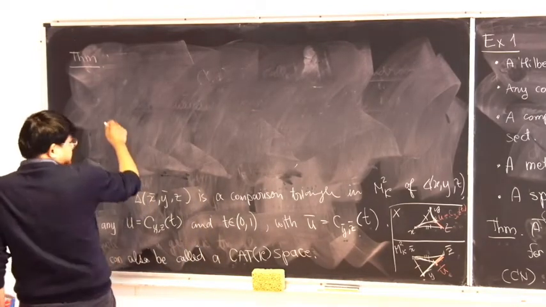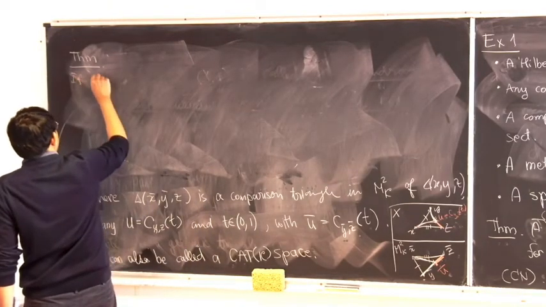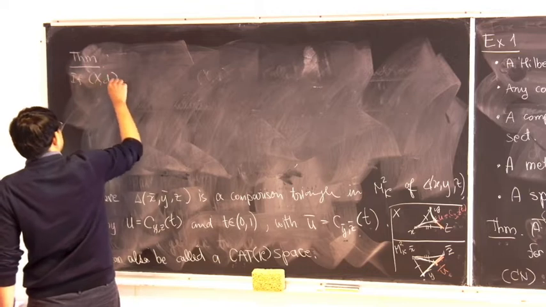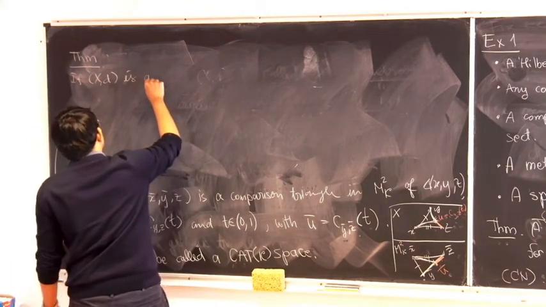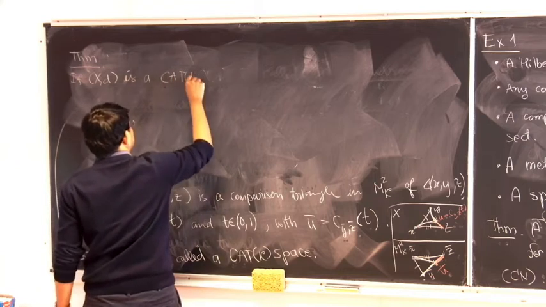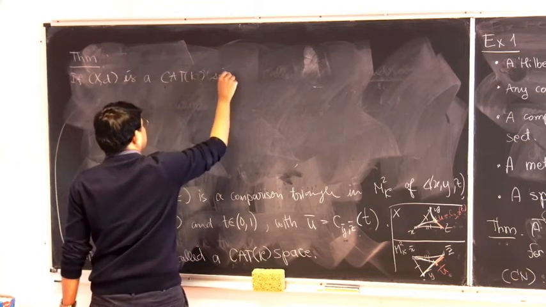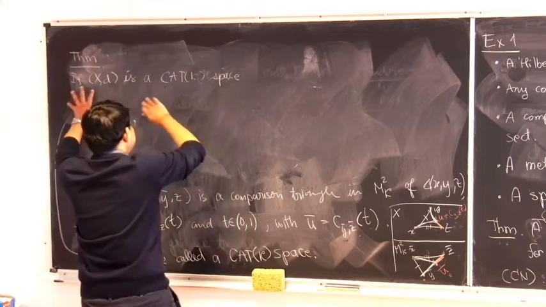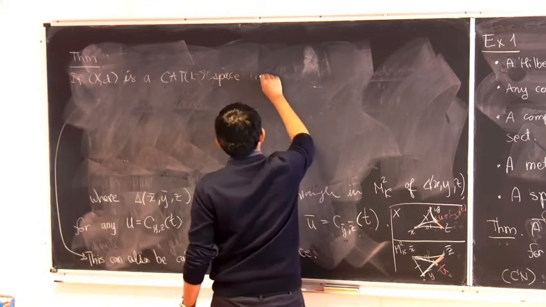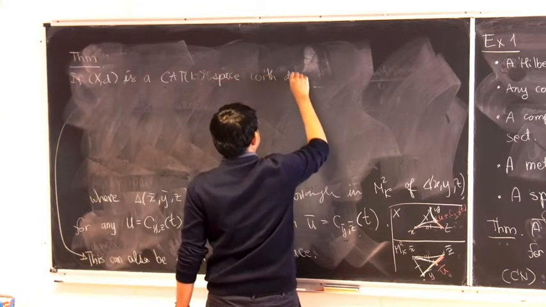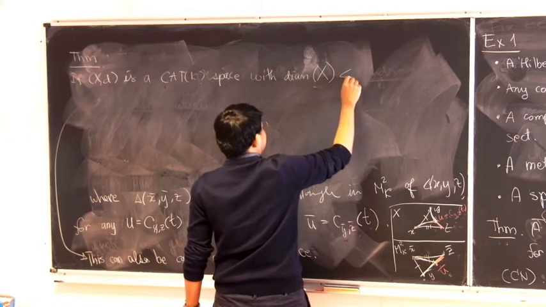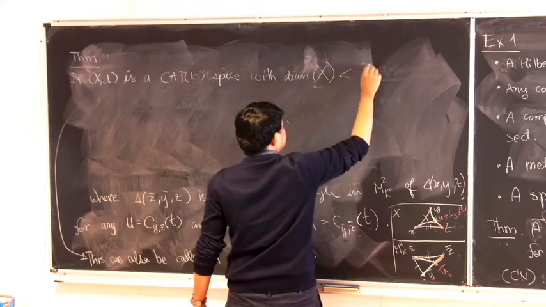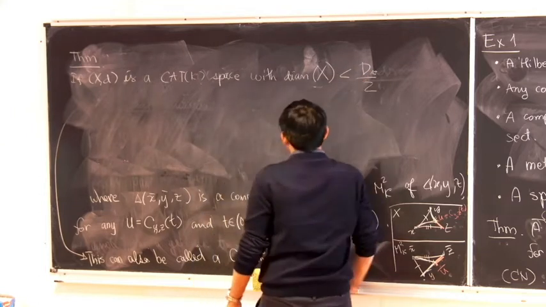And another one: let (X,d) be a CAT(kappa) space whose diameter is less than D kappa over 2.